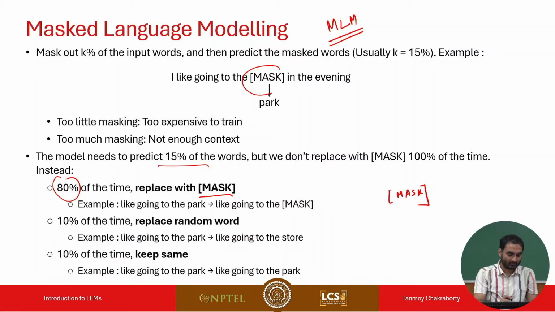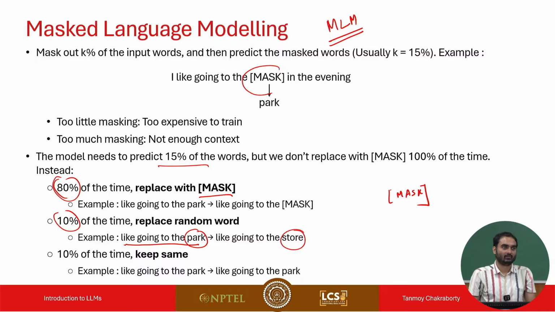So 80% of the time you mask some of the tokens, and 10% of the time you replace that token by another token. Let's say the sentence is going to the park, you replace the word park by store, and you let the model predict the word park.